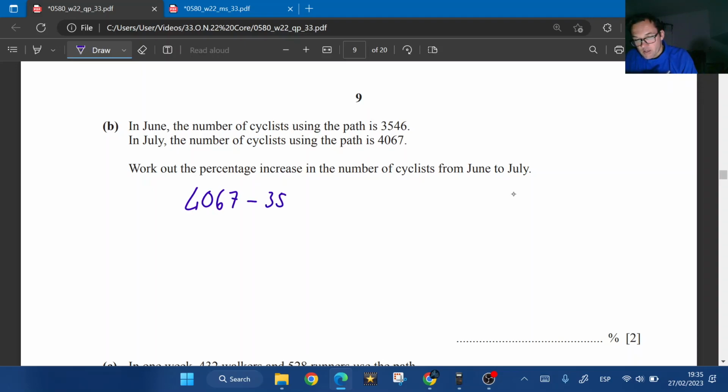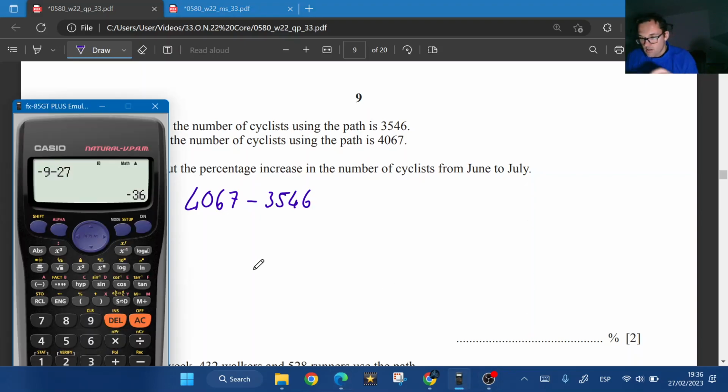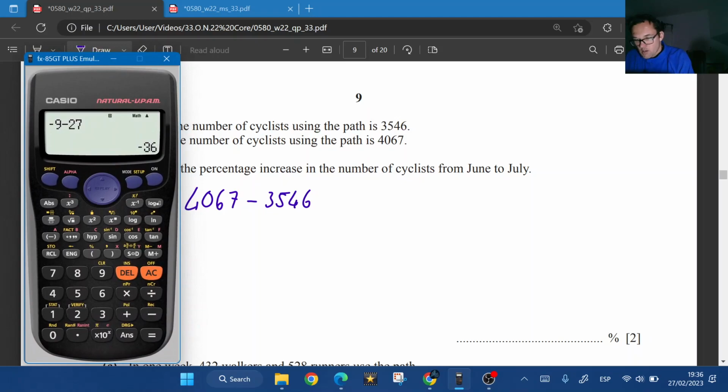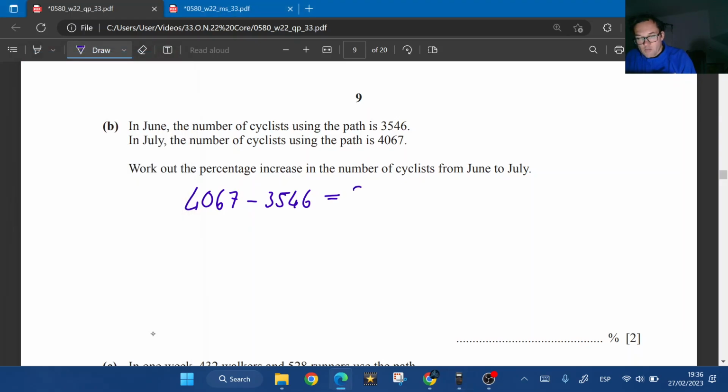So we subtract the one from the other. 521 more cyclists.